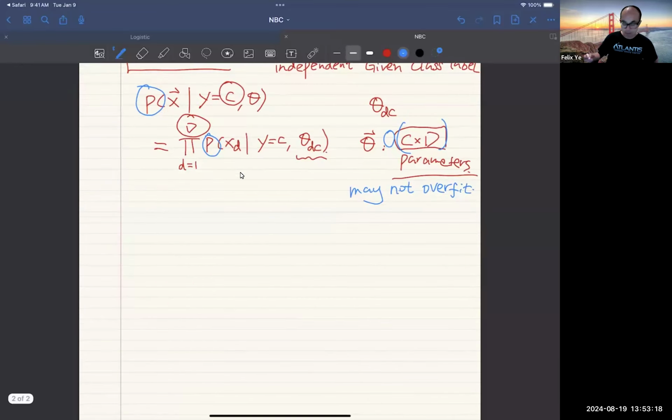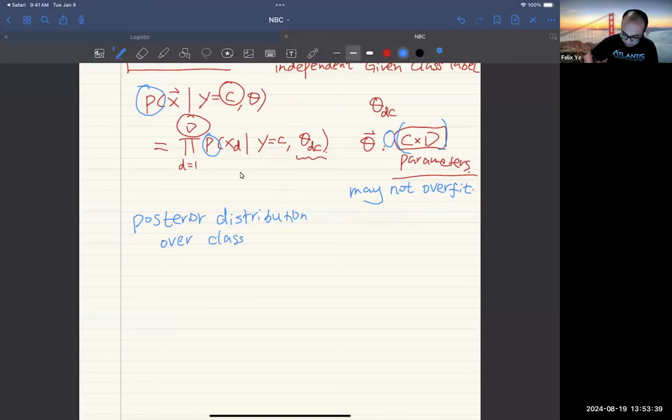Okay, so then with this conditional probability, the key is what is the posterior distribution over the class labels. The posterior distribution over the class label is the following. It's the probability y equal to c, conditional on x and theta.